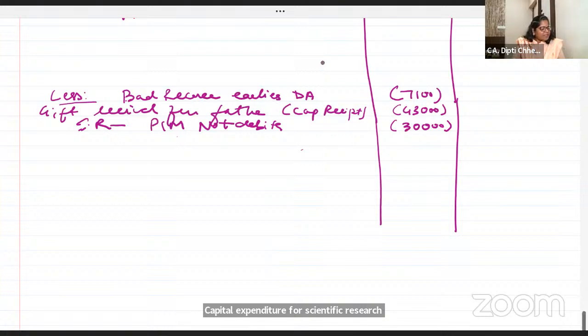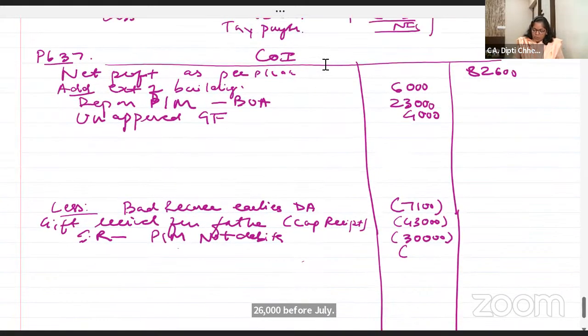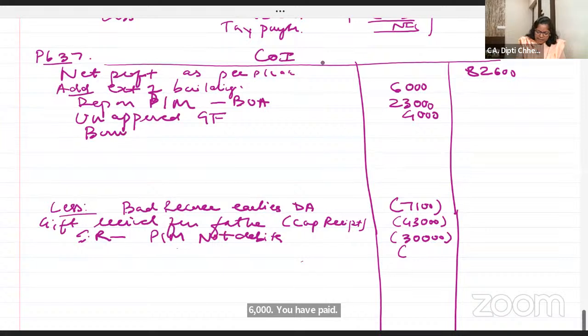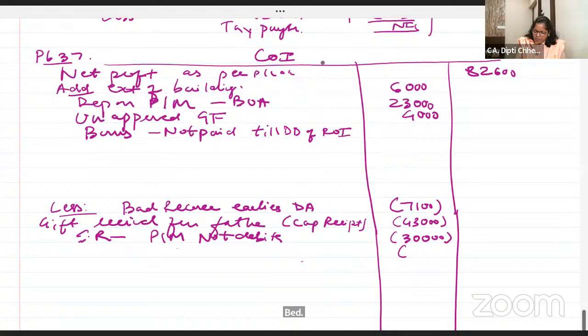Out of bonus, how much is bonus? 36,000. 4,000 is paid tabhi, 26,000 before July. 6,000 you have paid late. So bonus is debited in the P&L account, add back. Bonus not paid till due date of return of income.